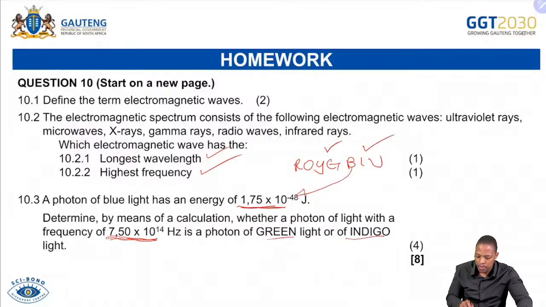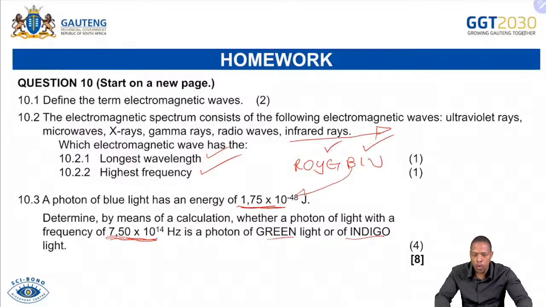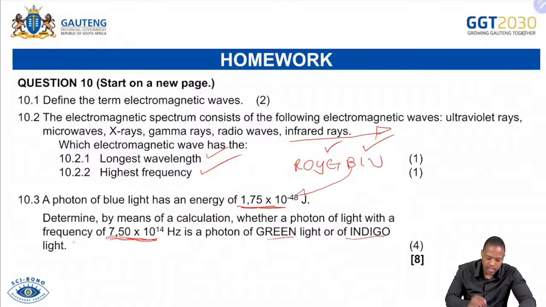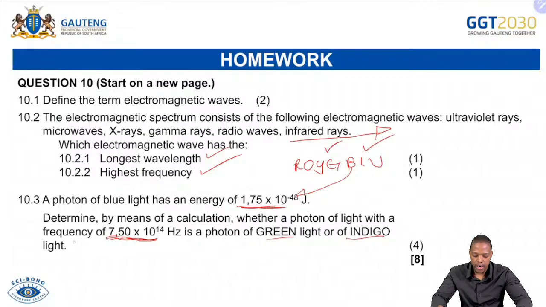Blue is between green and indigo. Since energy increases going in this direction, if it's higher, it will be indigo. But if it is lower, it should be green. Green has a lower energy than blue light, and indigo has higher energy than blue light. That is how you would want to attempt this question.